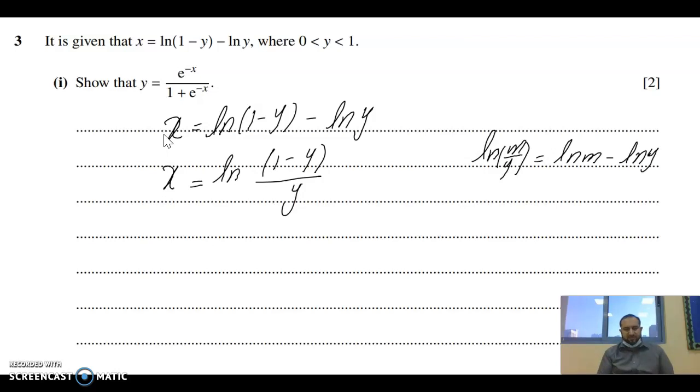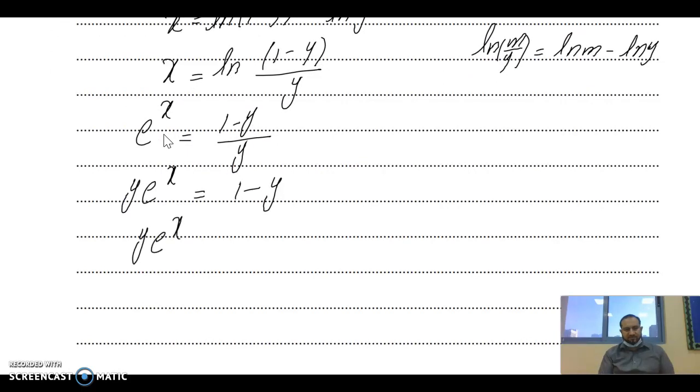So from here, if we need to get rid of this log over here, we need to apply the exponential on both sides. So this will be (1 minus y) over y, and then we have to rearrange it to make y the subject.